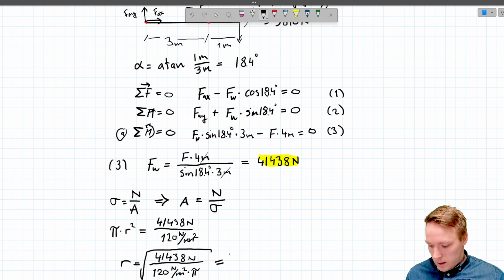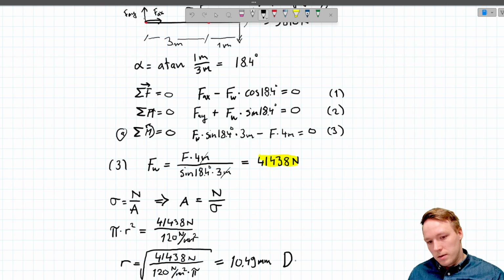And from there we can solve the radius, which will be 10.49 millimeters. So the required diameter of the wire would be roughly 21 millimeters.